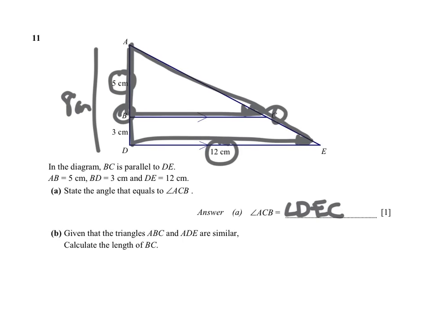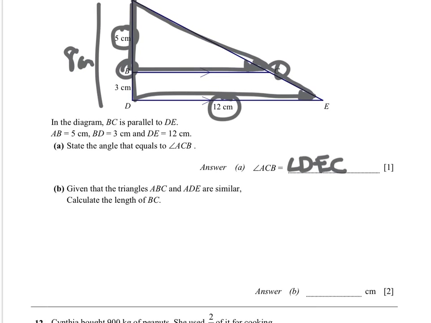So to find the corresponding side, we'll take the small triangle compared with the big.